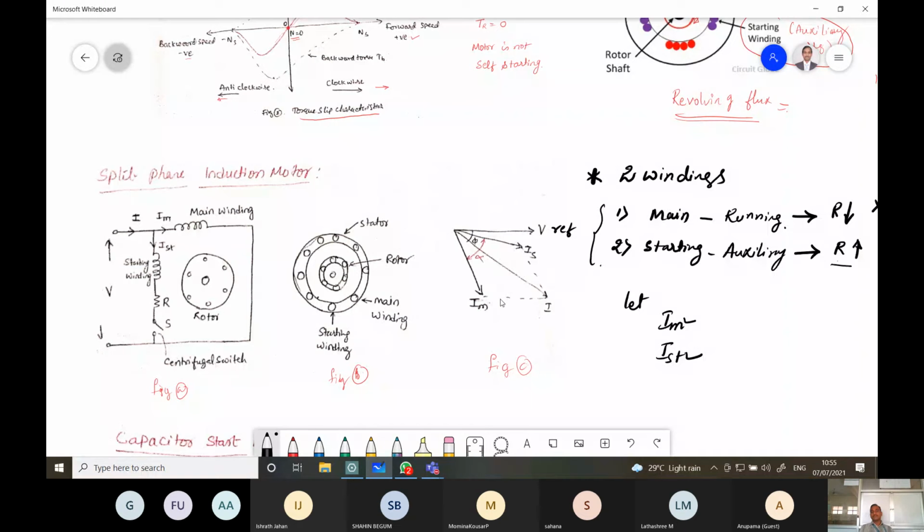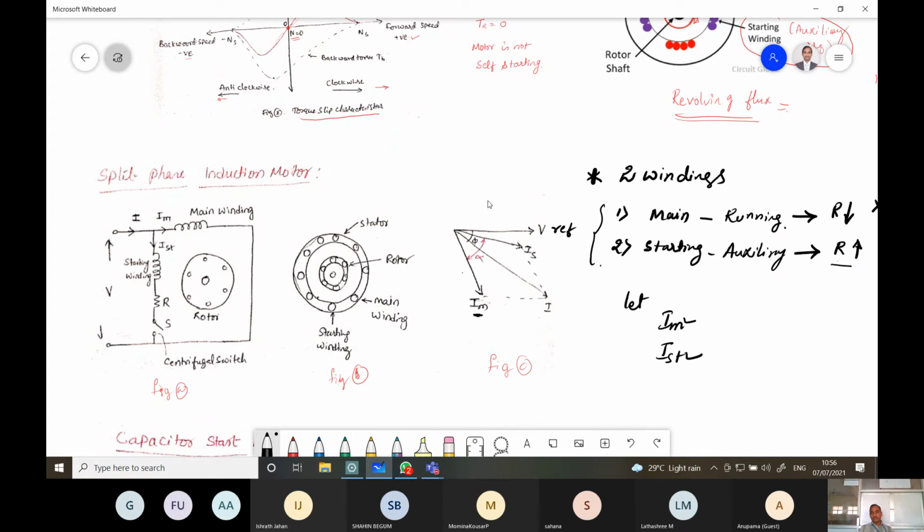Then IM, the motor current, has a low resistance and high reactance. XL being high means you will obviously get a larger phase angle.